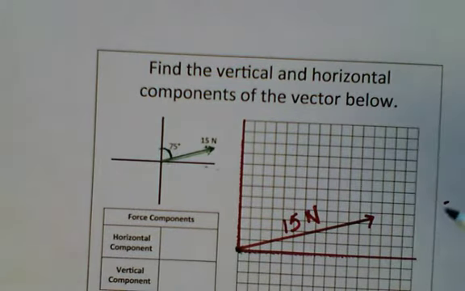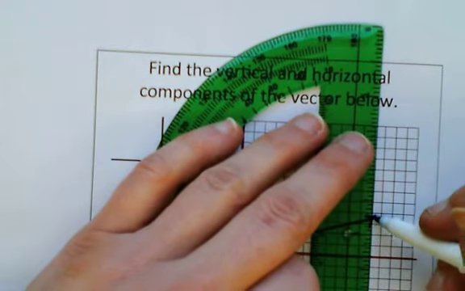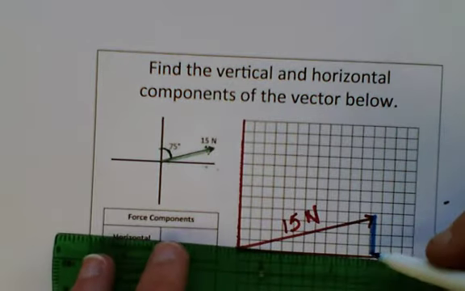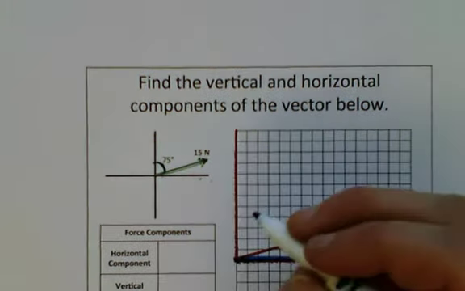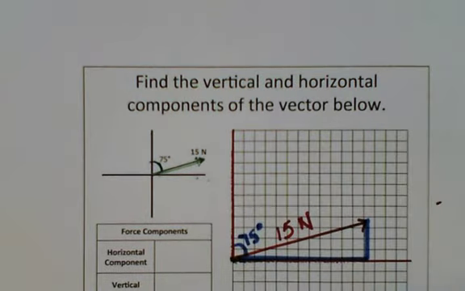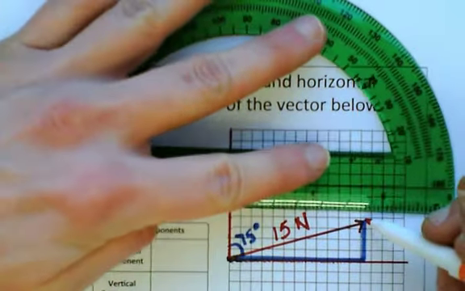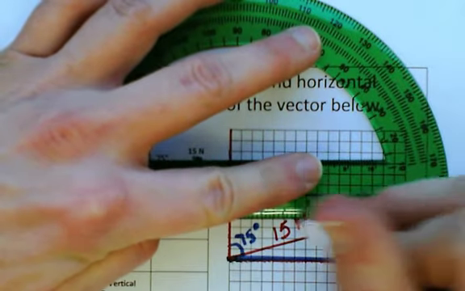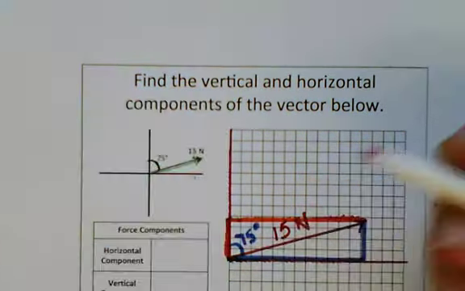Now again, I'm going to be finding the vertical and horizontal components, the vertical component being here, and the horizontal component being here. But we said that the 75 degrees was measured from up here. Well, it turns out that we can find the vertical and horizontal components from that side as well. So in this case, the horizontal component will be here, and the vertical component is here.